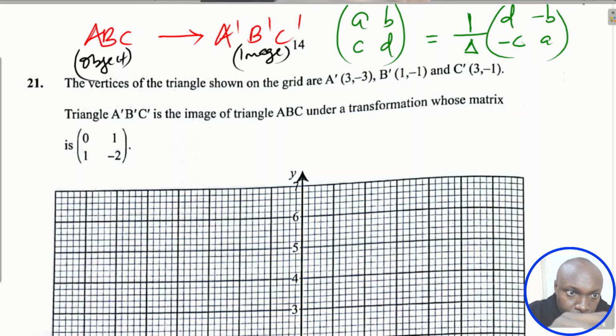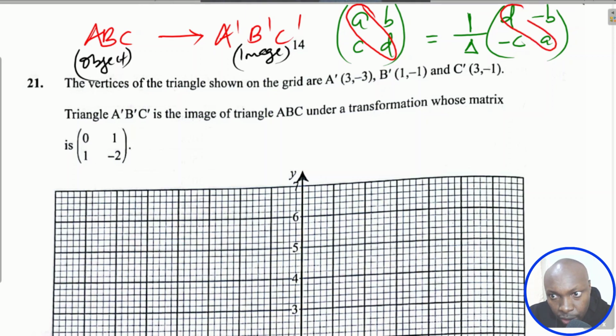Look at what is happening to the elements in the diagonal I've marked in red: they are interchanged, whereas for the elements in the other diagonal, the sign changes. This is just a recap of what we had done earlier.